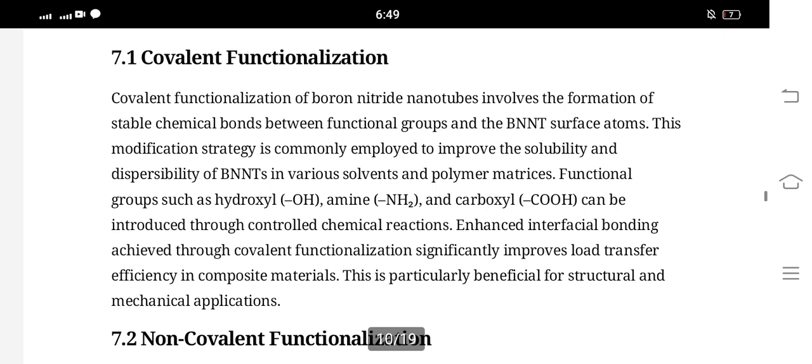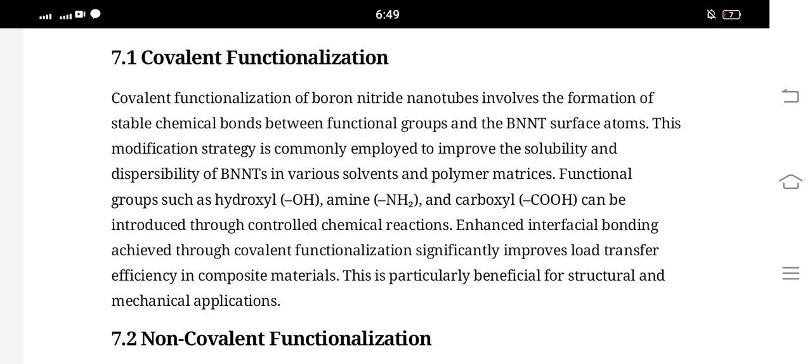Covalent functionalization involves the formation of strong chemical bonds between functional groups and surface atoms of boron nitride nanotubes. In this approach, chemical reactions are used to attach functional groups such as hydroxyl, amine, and carboxyl onto the boron and nitrogen atoms present on the nanotube surface.